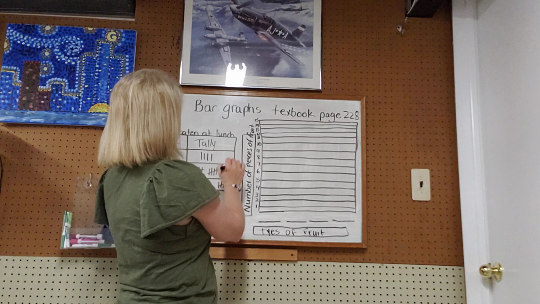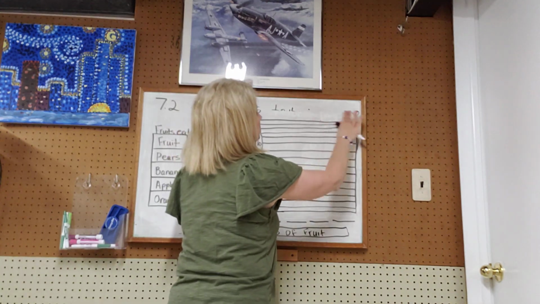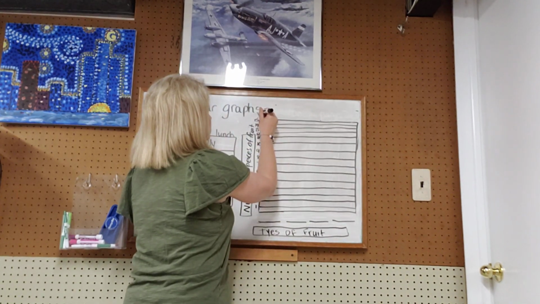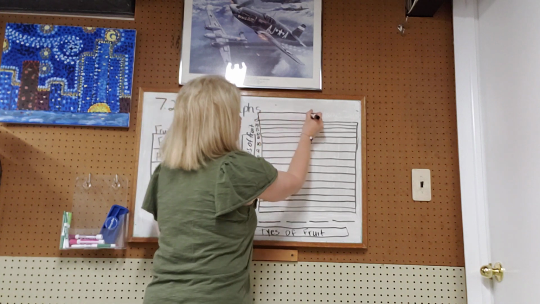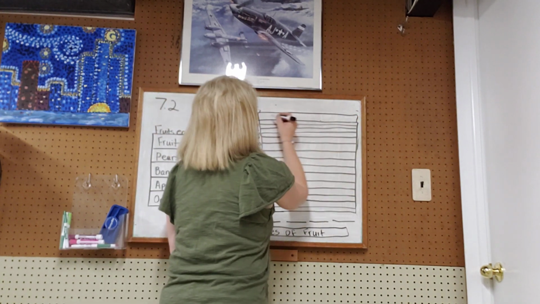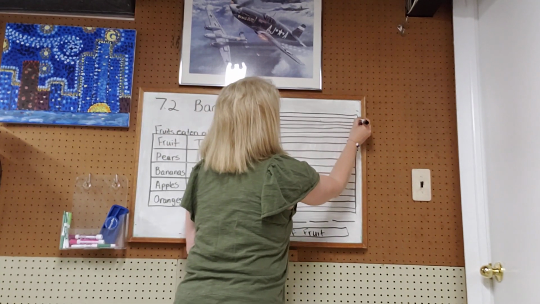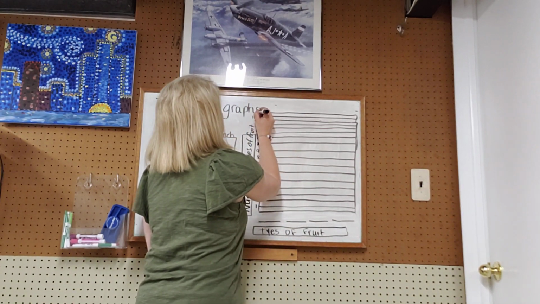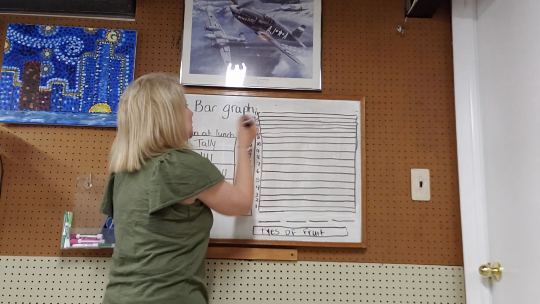Actually, I think we have to go to 17, so let me make it a little bit taller, because we have to go to 17. 16, 17. 17 is way on the top, okay?